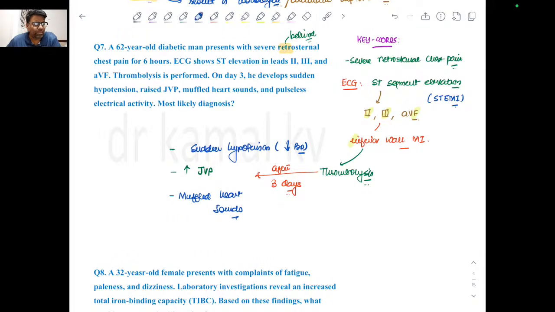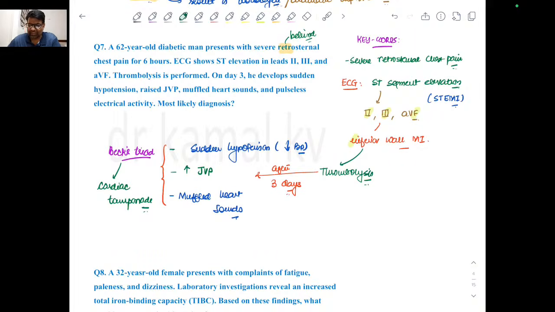And Priya was absolutely right. What has happened now? This is the classical Beck's triad and cardiac tamponade, right? So this is absolutely right. The patient has developed cardiac tamponade.